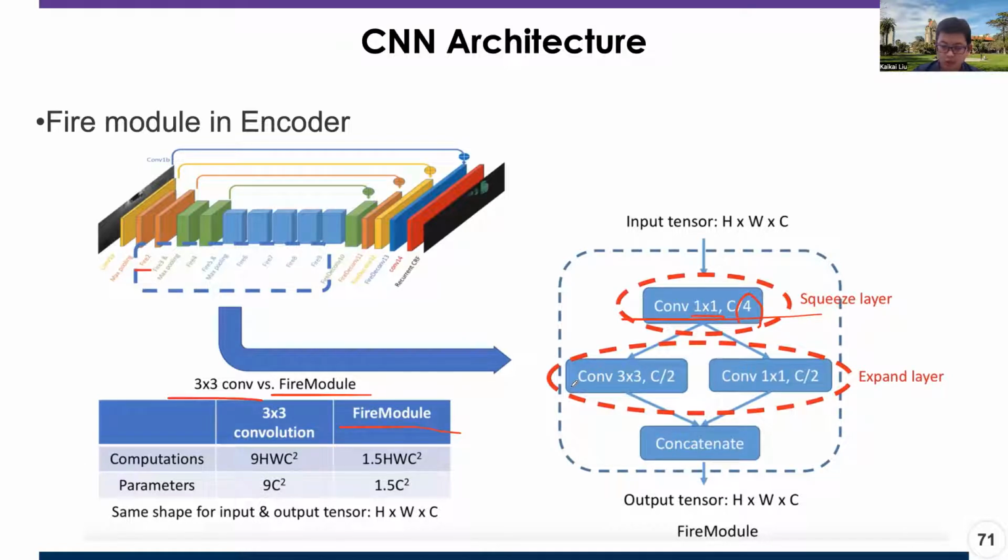Then you do the 3x3 convolution, expand the feature by half. This is the expand layer. Then finally concatenate them together. You have the same channel number output. So this is the Fire module. And the computational cost and the parameters are significantly reduced compared with traditional 3x3 convolution. So that's why it's also using the Fire module in the encoder part.